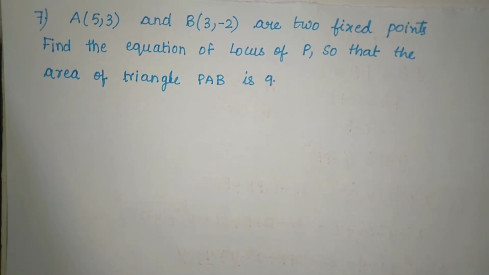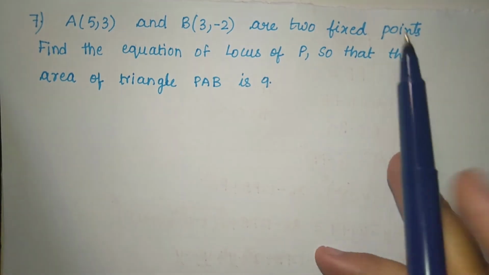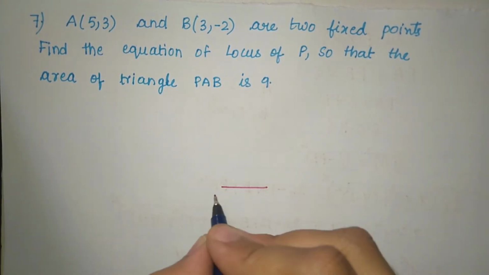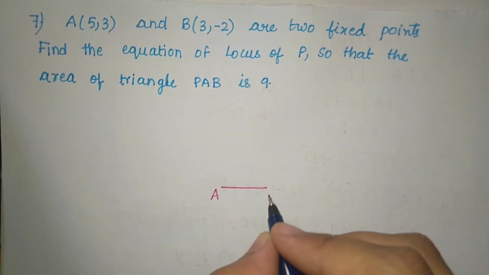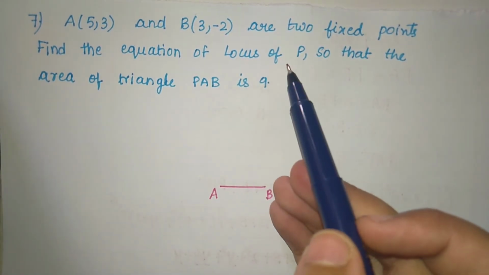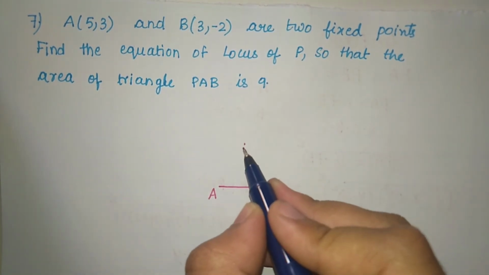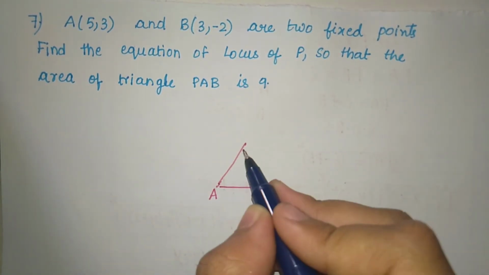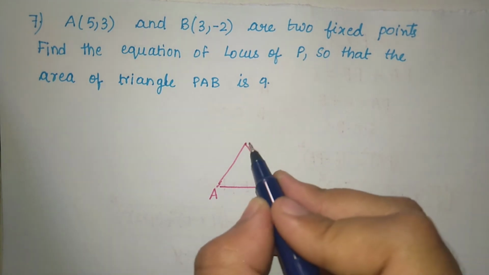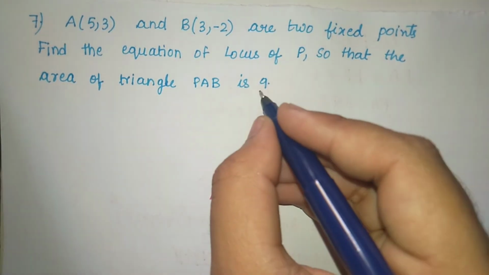This is the next model. A, B are the two fixed points. So take A and B, fixed points. Find the equation of locus of P such that the area of the triangle PAB is 9. So P is any point on the locus such that the area of the triangle is becoming 9.